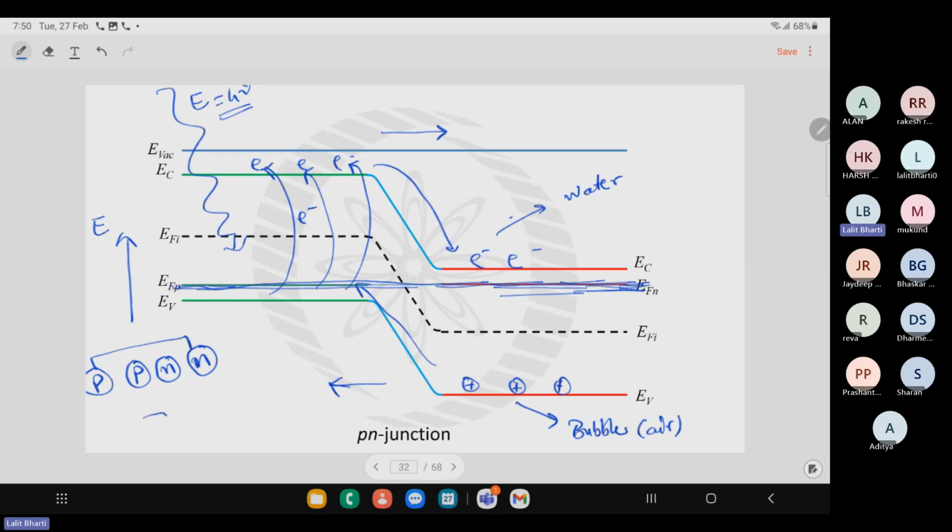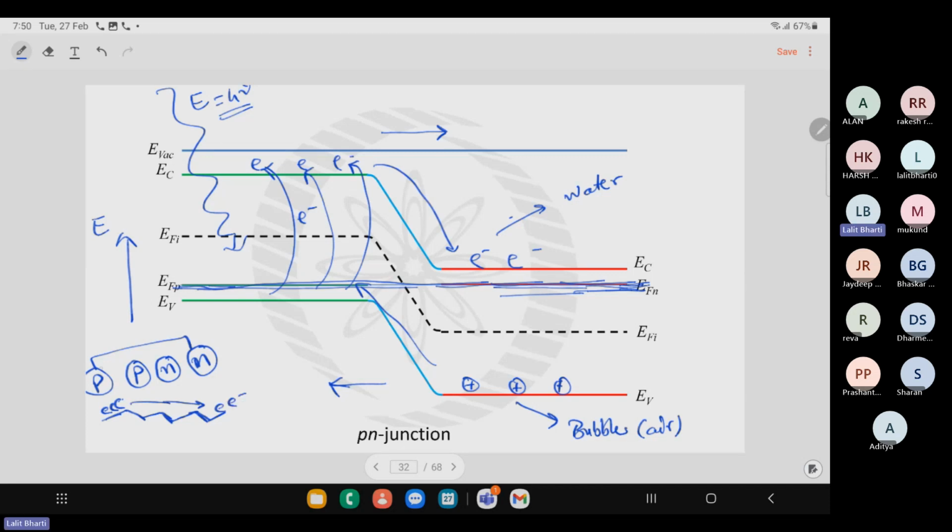You have this kind of bending, and in case of high doping you have again high bending. So this kind of structure will force these electrons much more to move from here to here.